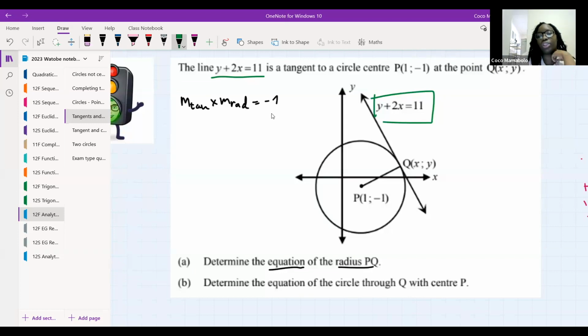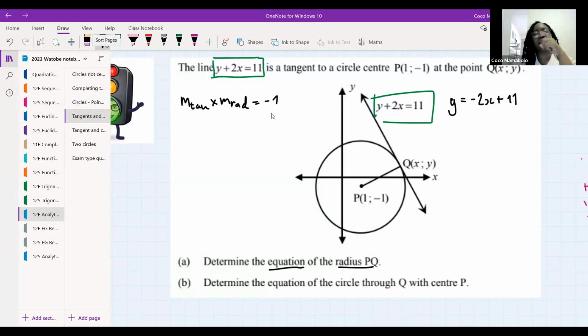Look at this equation of the line that they've given us. What is my tangent going to be? Is it y equals -2x plus 11? That's it. First, we need to rearrange it. We need to put it in standard form, so we first have to do y is equal to -2x plus 11.